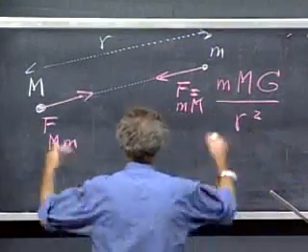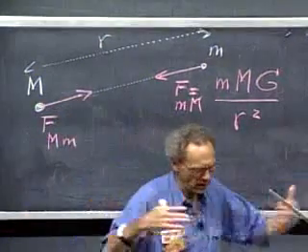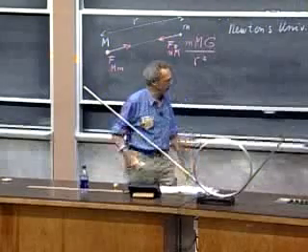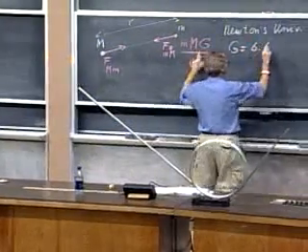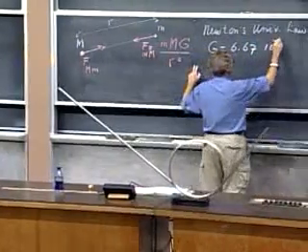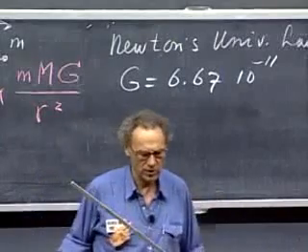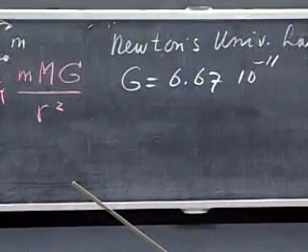Gravity is always attractive. Gravity sucks, that's the way to think of it. It always attracts. There is no such thing as repelling forces. The gravitational constant G is an extremely low number, 6.67 times 10 to the minus 11 in our SI units, which is Newton's square meters per kilogram or something like that. That's an extremely low number.